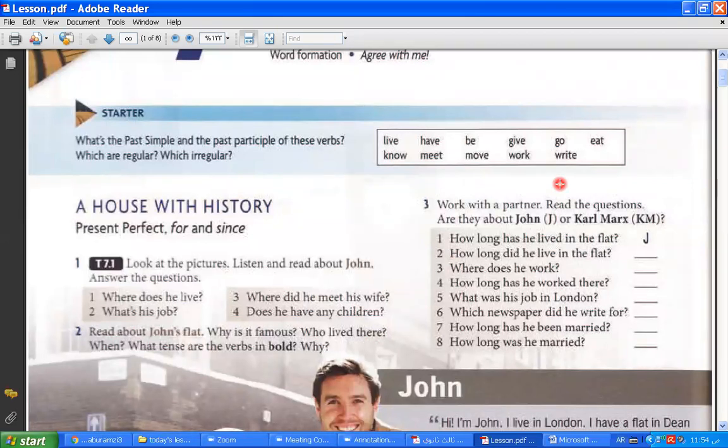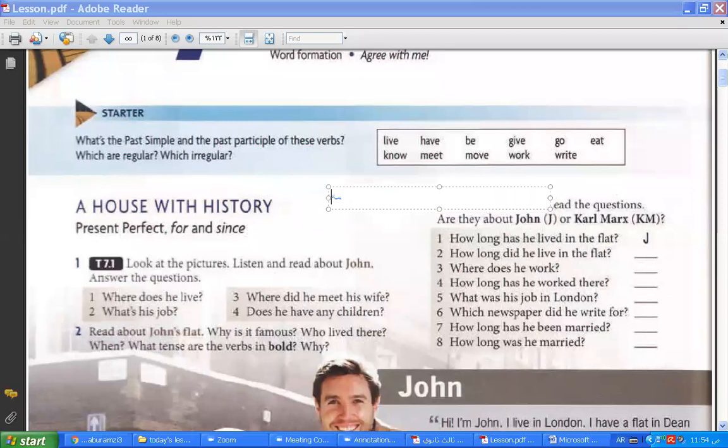For example, when I say live, lived, lived. Look, I give an example: live, lived, lived, like this.